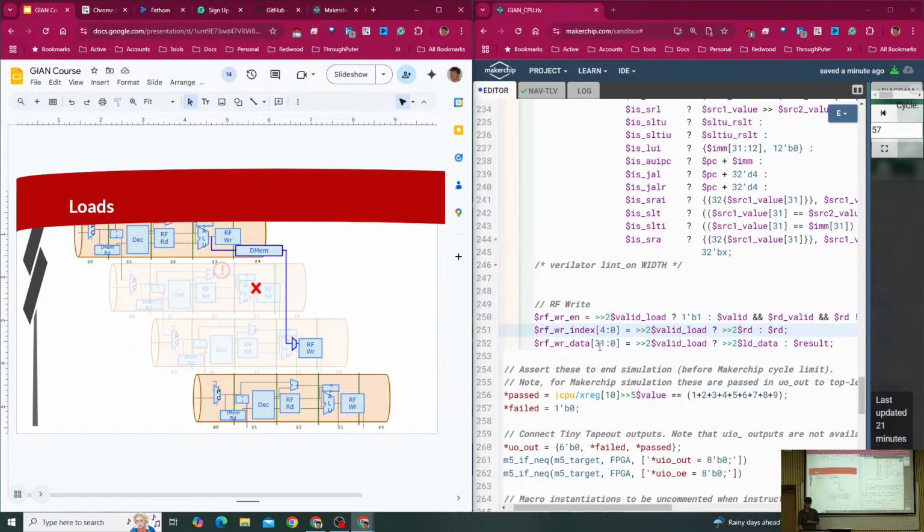So, just like always, anytime we're updating architectural state, the register file is architectural state. We need to be careful to only do that for valid operations. That way, invalids can be anything. You can approach that different ways, right? I mean, one way to approach invalid instructions is, once you figure out it's invalid, inject something into all the signals that makes that instruction look like a no-op instruction that would do nothing.